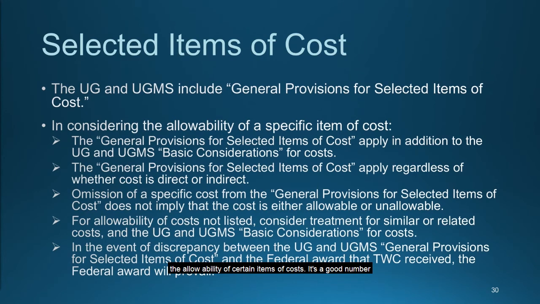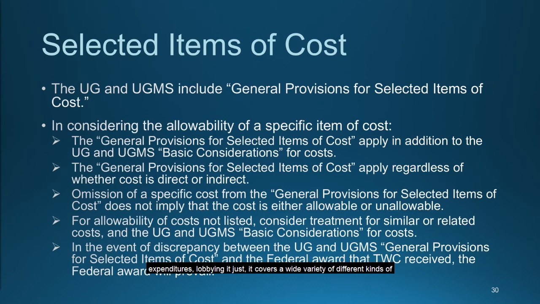It's a good number of costs. It's obviously not all inclusive, doesn't cover everything that could possibly happen under the sun, but it's a really good start. So it covers things like accounting costs and budgeting costs and construction costs and equipment costs, idle facilities and idle capacity. I mentioned earlier, it covers travel costs, depreciation, capital expenditures, lobbying.